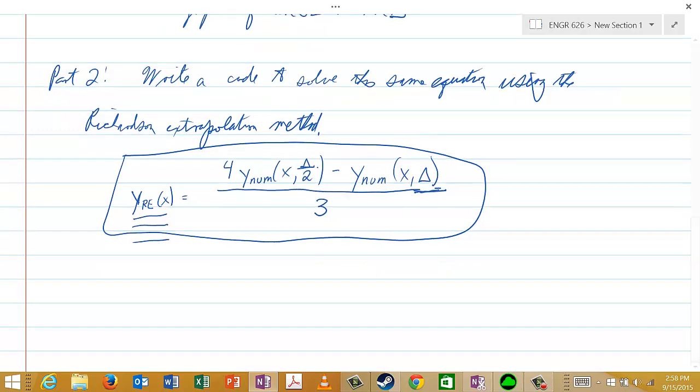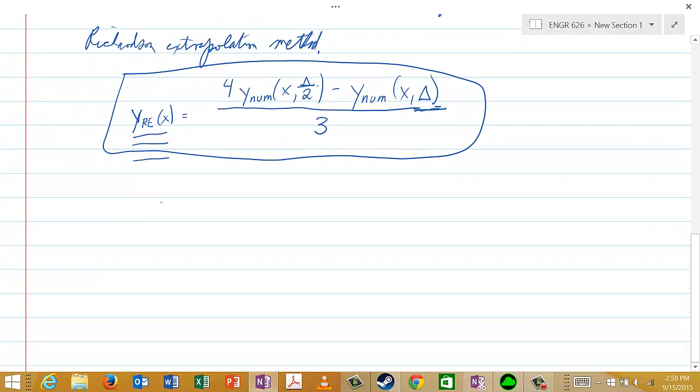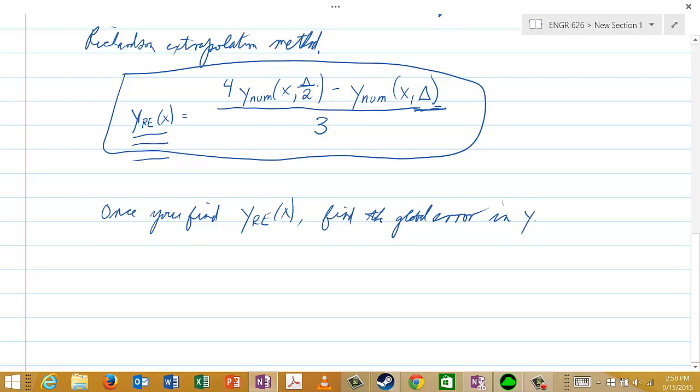And then once you find y sub RE of x, find the global error in y RE of x.